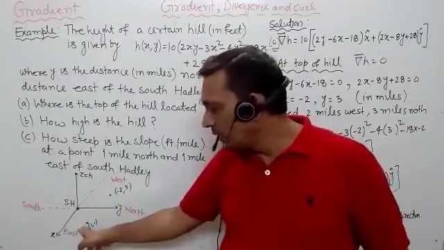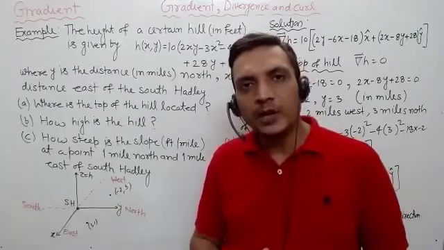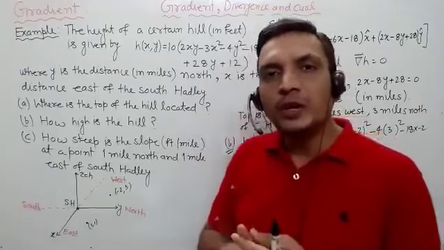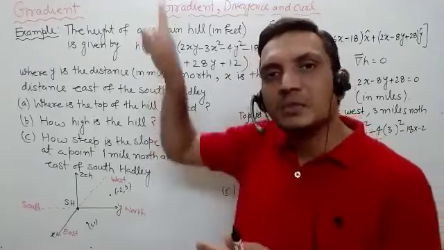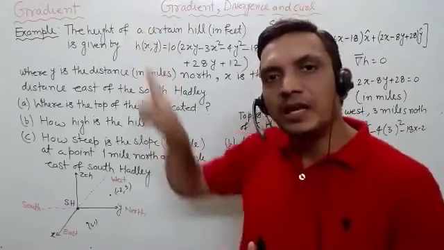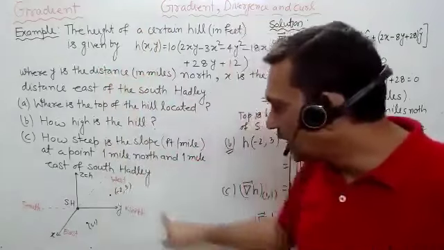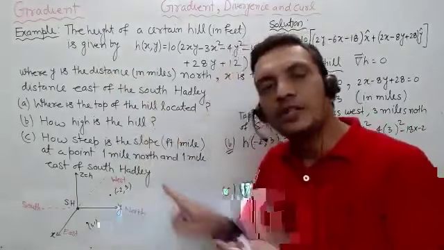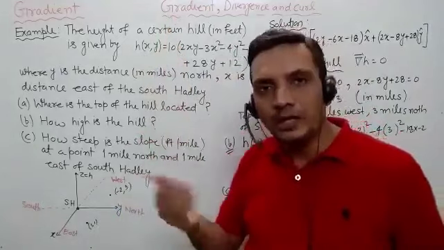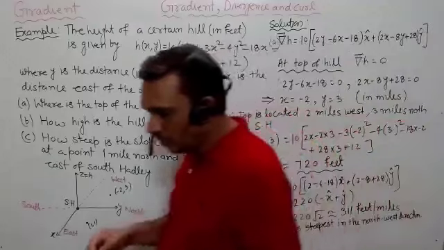You can calculate what will be the slope at that particular point. At that point, if you have to decide in which direction you should move so that there is maximum change, meaning the steepest value, that direction is the direction of the gradient. So that direction is the northwest direction. If you move in the northwest direction, the slope will be steepest. Okay, sir. Thank you, sir.